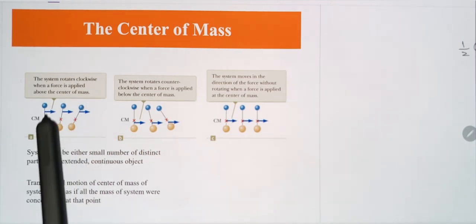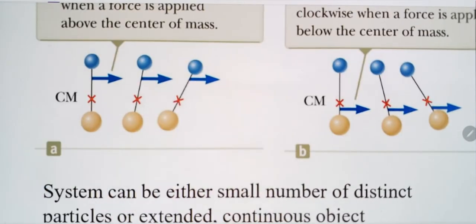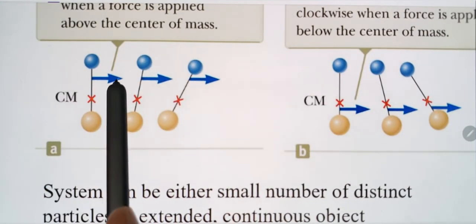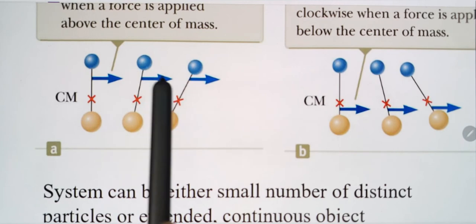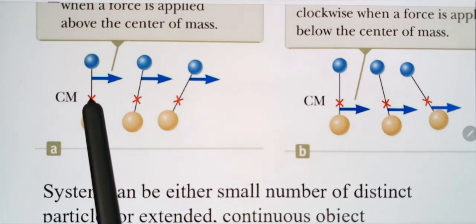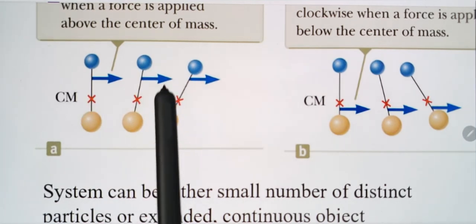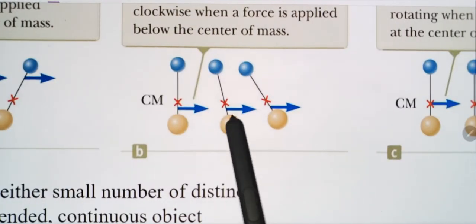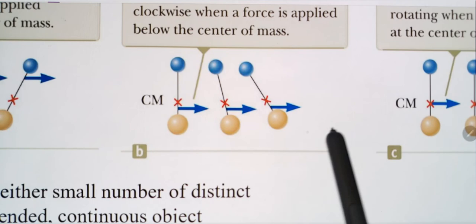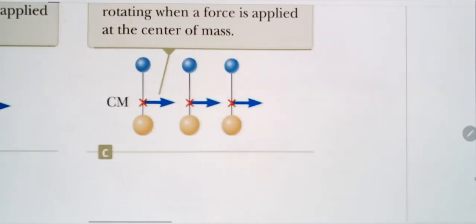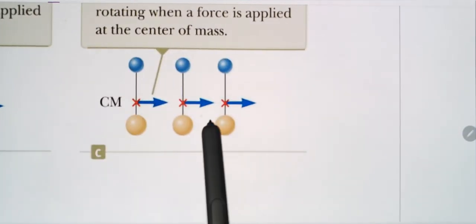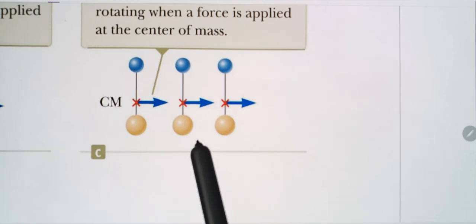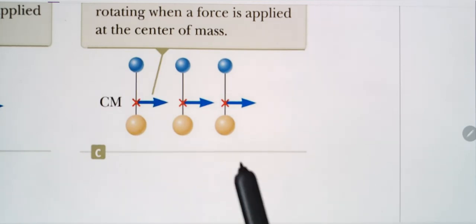If you push them above the center of mass, they will rotate instead of moving in one dimension. If you push under the center of mass, it will also rotate. However, if you push at the center of mass, it will go into linear motion.